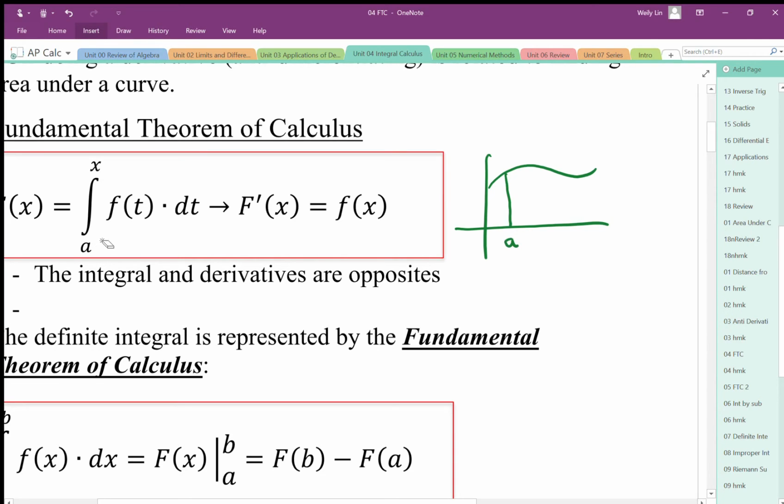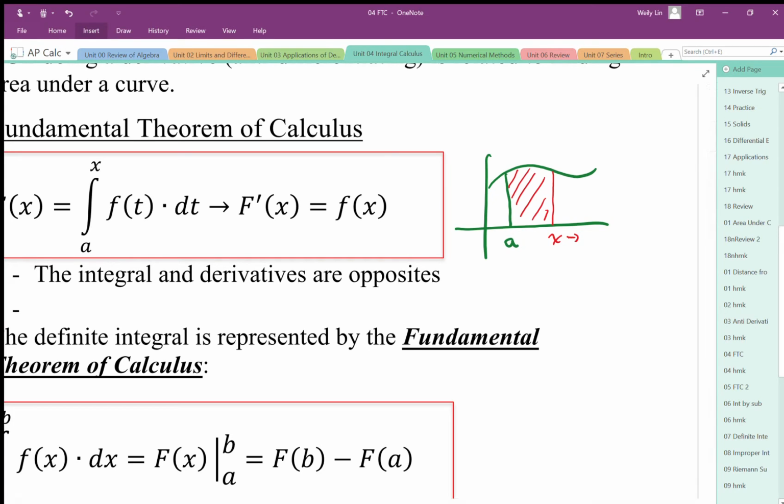That's our lower bound, a fixed point. And then we're going to have some variable point x, and this x can move around. Wherever that x stops is going to be the area underneath the curve. So the area underneath the curve essentially gives us a function which is calculating this area. Where this x stops is the area, and that's essentially the antiderivative function. We'll call that the area function.